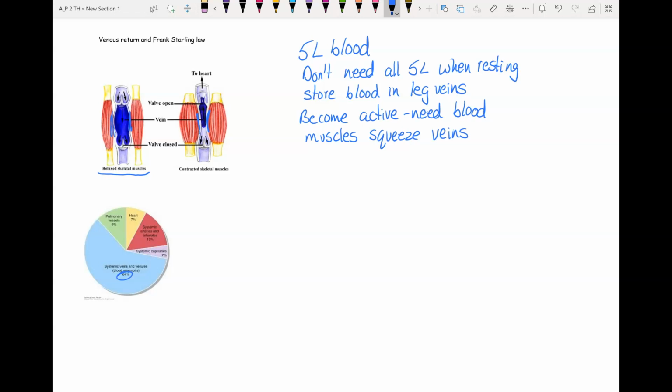So again, kind of think of a tube of toothpaste. You've got all this blood in your leg veins. When you become active, your muscles squeeze those veins in your legs, and that forces that blood back up to the heart.